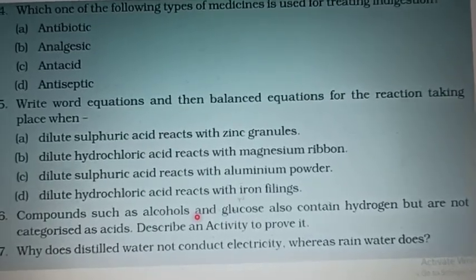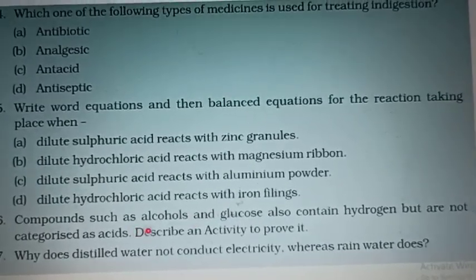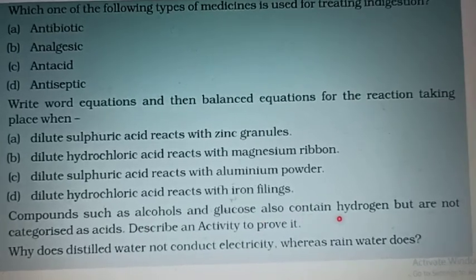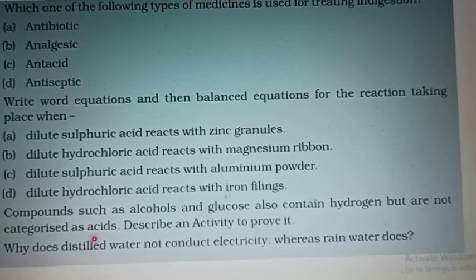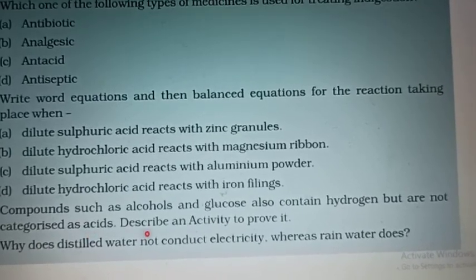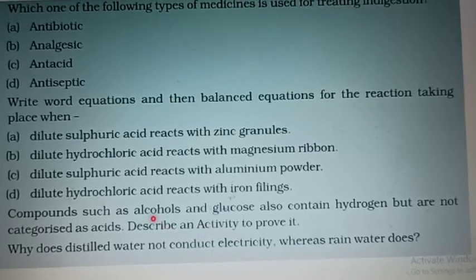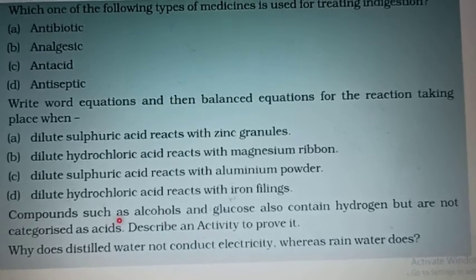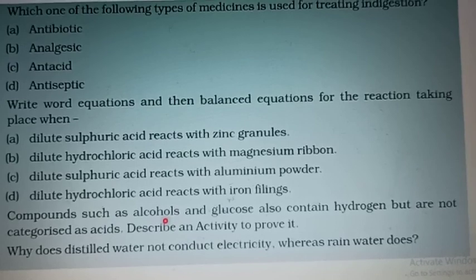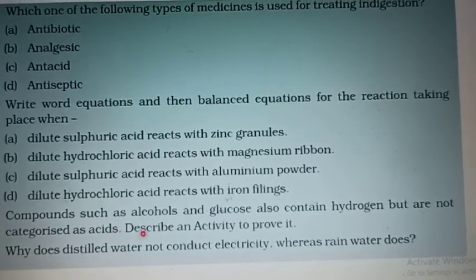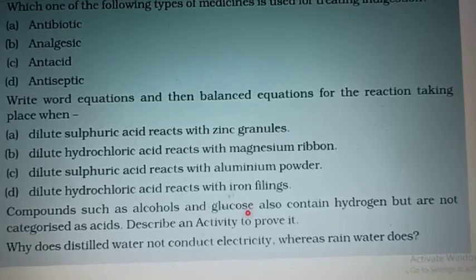Next question is, compounds such as alcohols and glucose also contain hydrogen but are not categorized as acids. Describe an activity to prove it. You know that we have done the activity in the chapter in which we saw that acids conduct electricity, though glucose and alcohol do not conduct electricity.